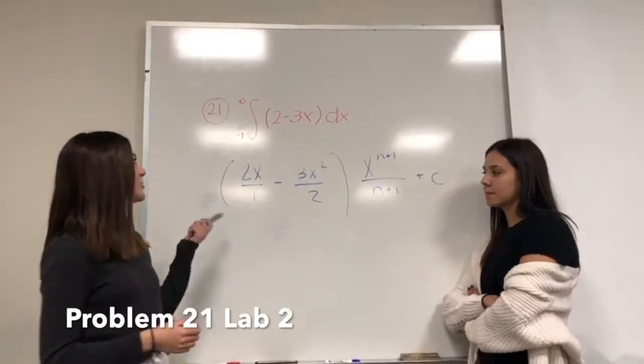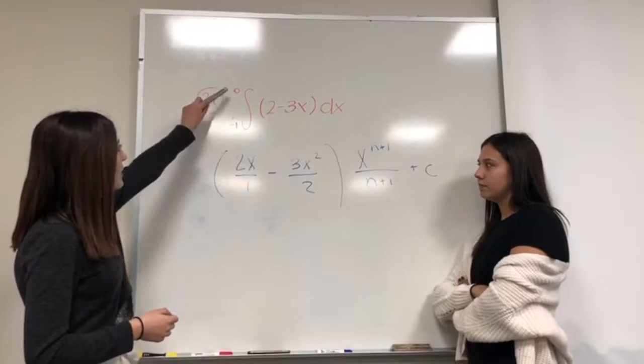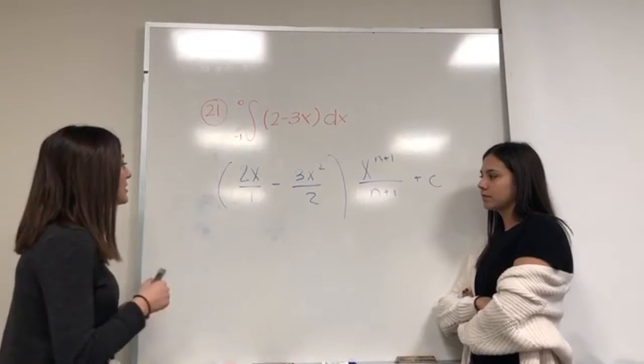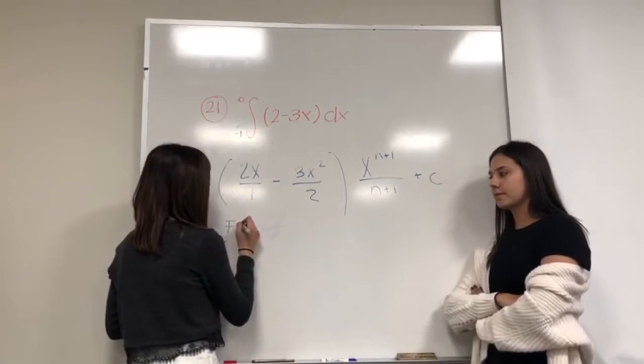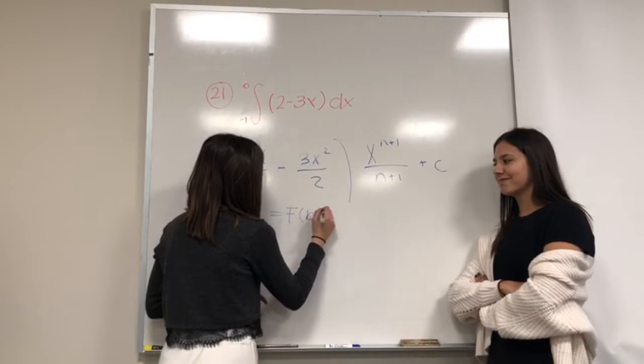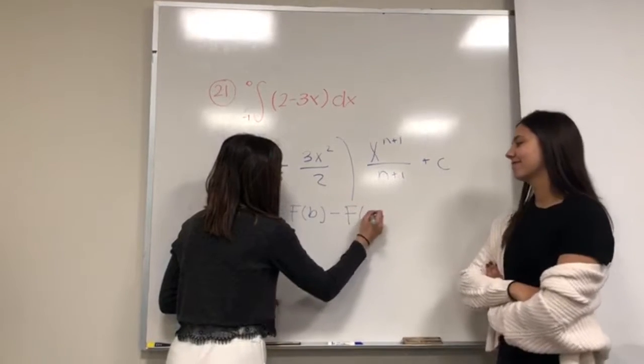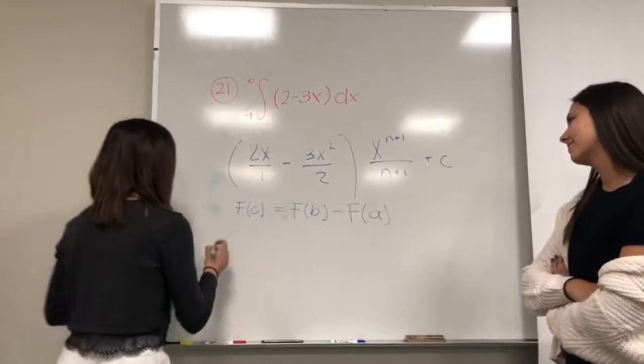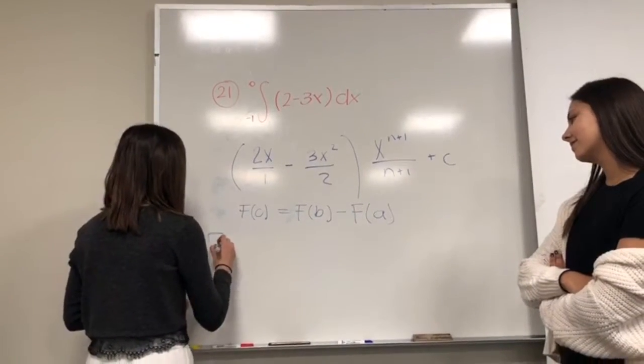Now that you have integrated your function, you need to plug in the values that are given in the antiderivative with the function. So now you just plug in your value.